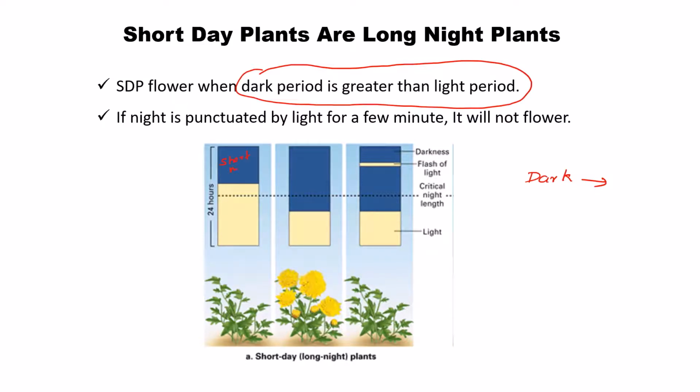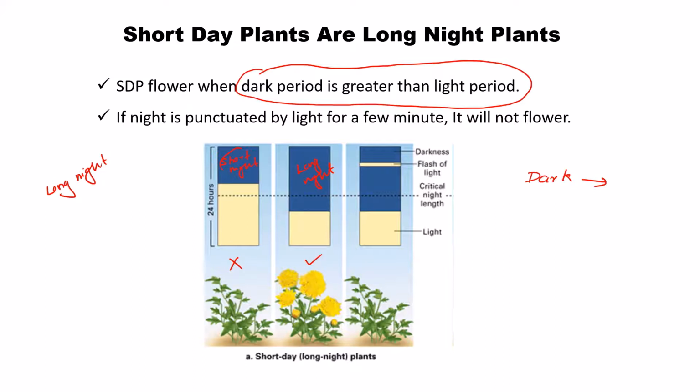Short night. A short day plant needs a long night. Here it is a short night, that's why it is not flowering. Here it is a long night. Yes, a short day plant needs a long night, that's why it is flowering.